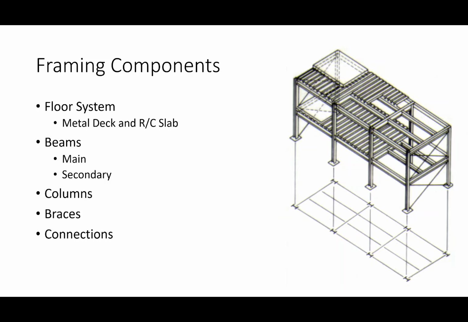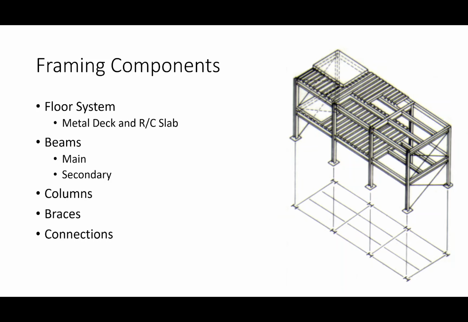I should mention also the floor system as well, although for structural steel framing, the floor system's actually a pretty easy component to design because it's usually a lookup. Really where the challenge comes in is the beams themselves. And so I say we have main and secondary beams. You will probably use the term beams and girders, and I'll show you an image of that here in a bit.